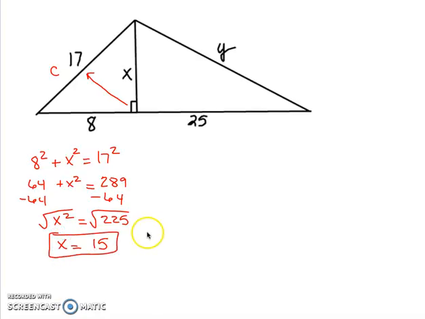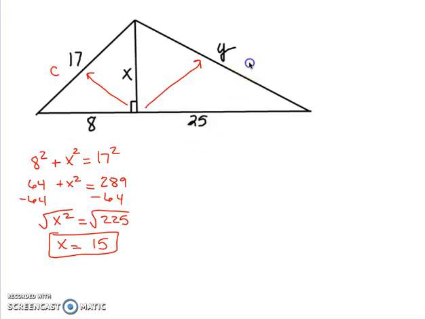And that would be our value for x. So 15 is the x length, and we can now use that, the 15 and the 25, to solve for our y. This y over here is this triangle's hypotenuse.